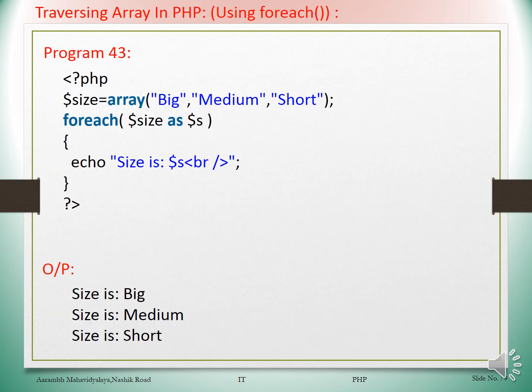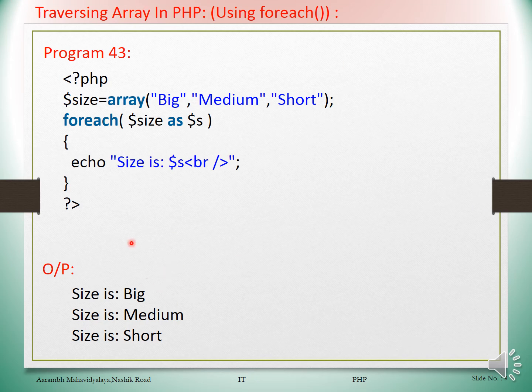Then next program, here we have displayed the data in some other format and it is known as traversing an array in PHP. Now here we have declared the 3 atoms or 3 elements within the size array, and we used the foreach function to traverse the data.